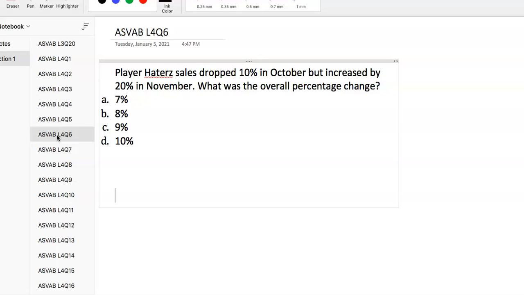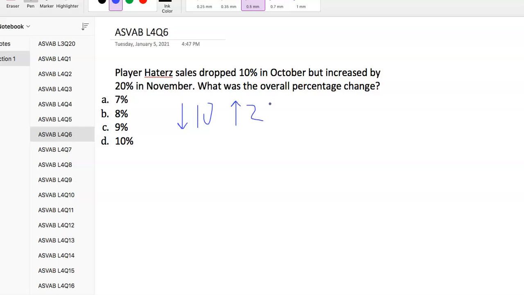I mean, it's different, and we'll go over what the difference is. But what you don't want to do is say, well, it went down 10, and then it went up 20, equals up 10. Easy, right?